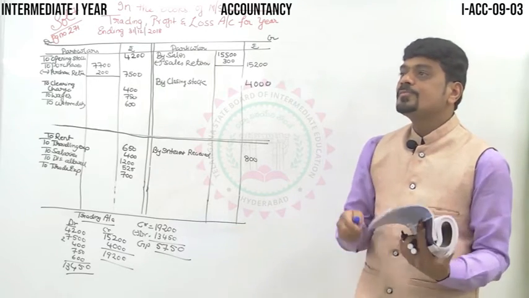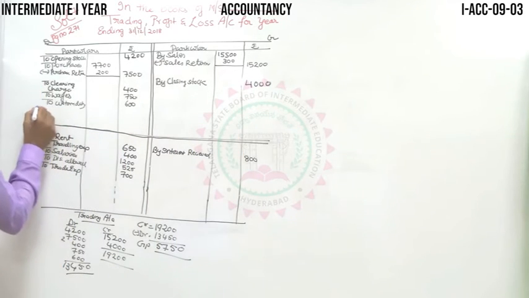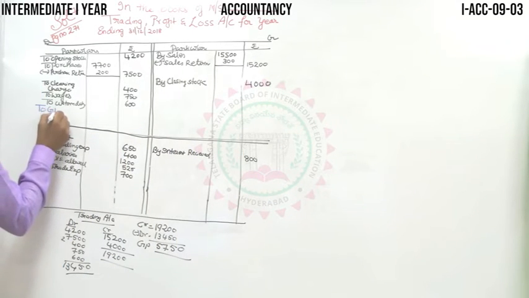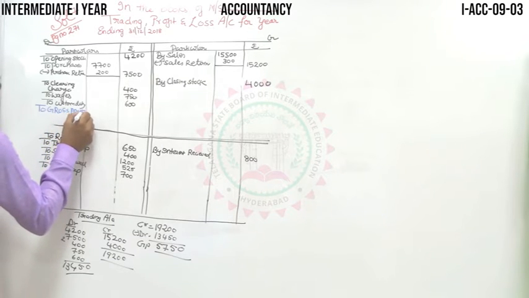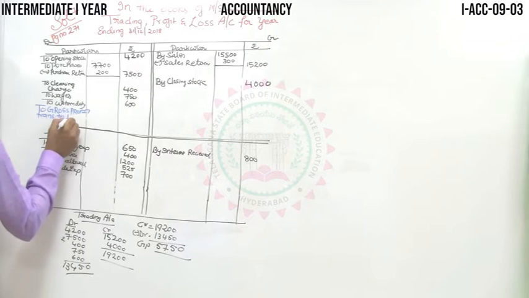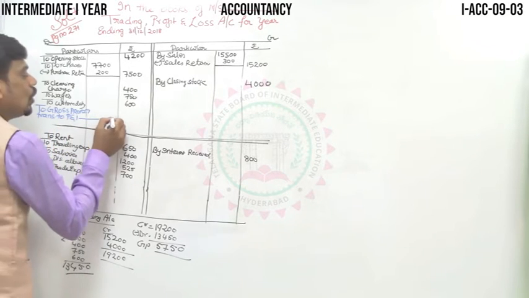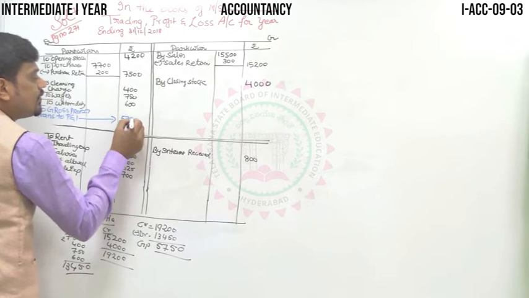Now, how is this gross profit posted? So, first I'll go to the trading account: to gross profit transferred to profit and loss, 5,750.